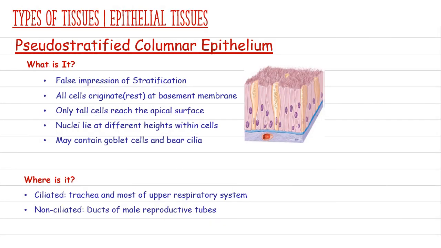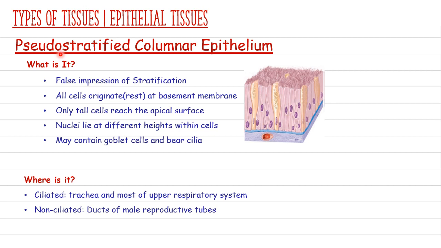So let's now look at the other forms of epithelial tissue. Those were the stratified. What we're looking at now is something termed the pseudostratified columnar epithelium. I'm going to break down this entire name and show you how the name reflects the type of tissue we're discussing.